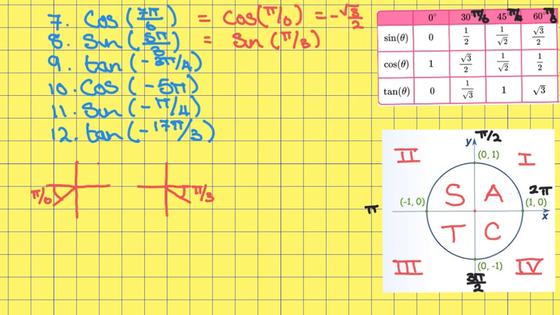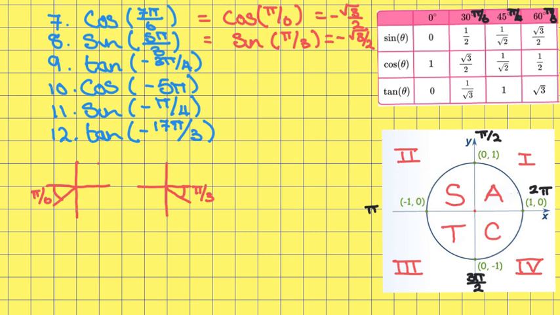And we now need to decide whether it's positive or negative. Well, it's in quadrant 4, and the only one that's positive is cos, so it would be negative. So we want sine pi over 3. Well, there's sine, and pi over 3 is root 3 over 2. So that would be negative root 3 over 2.